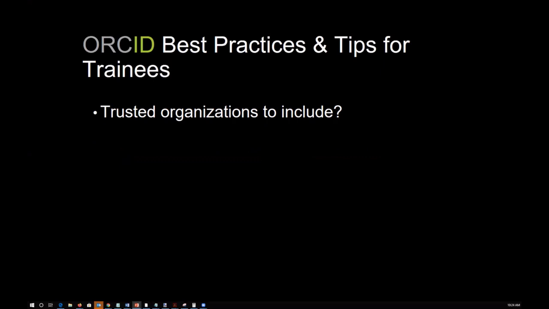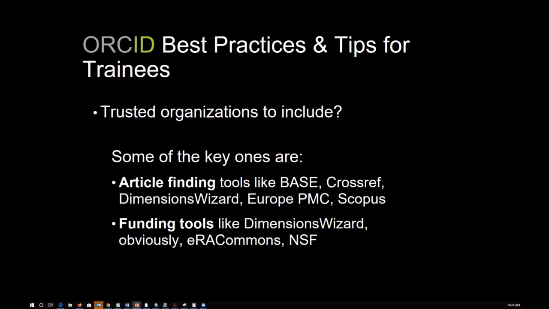So SciENcv talks to ORCID. ORCID can pull in information from, say, a program called Scopus. So a couple of the key ones that I can think of are some of the searching tools. BASE is one. We saw that Crossref mentioned. This is a great place that just collects a variety of different tools if they have a DOI.